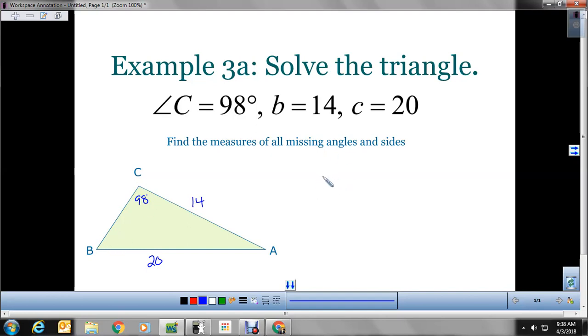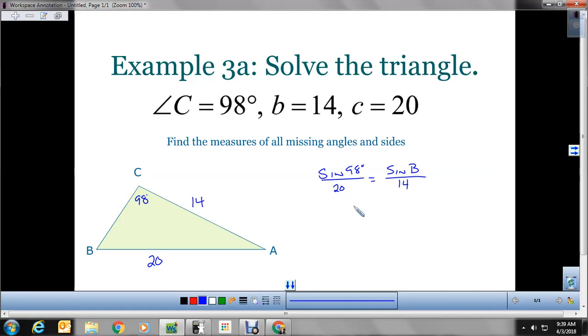So we're going to take the sine of 98 over 20, the side across, is equal to the sine of angle B over 14. Once again, we're looking for an angle measure, so we're going to end up using the inverse function at the very end.